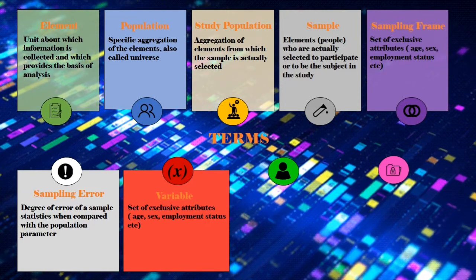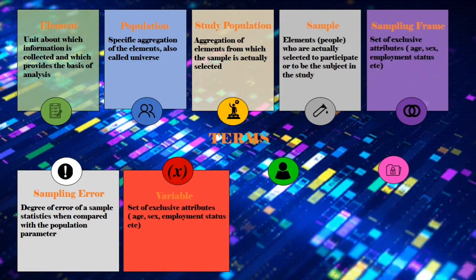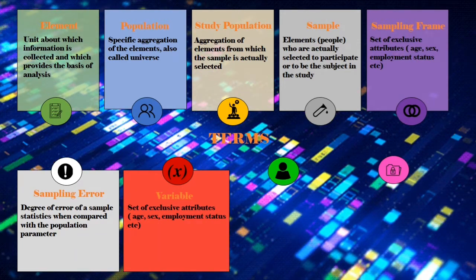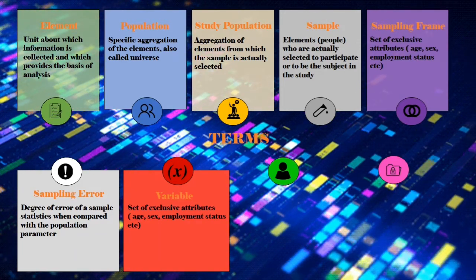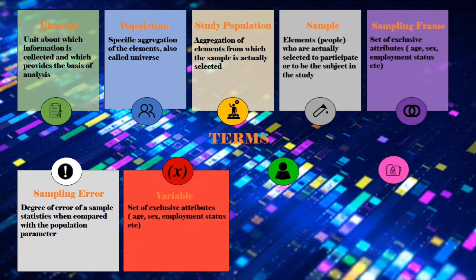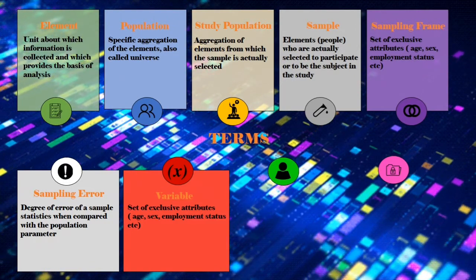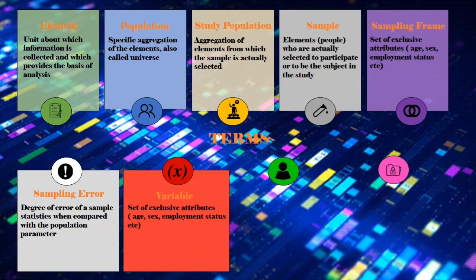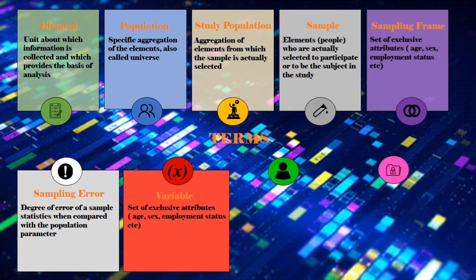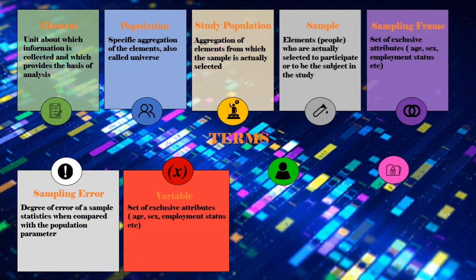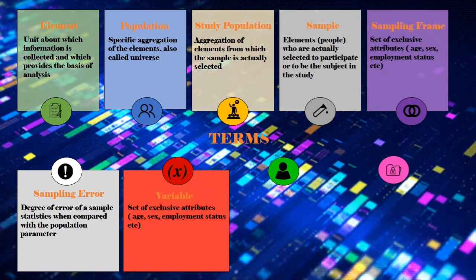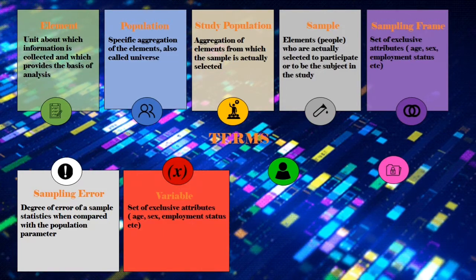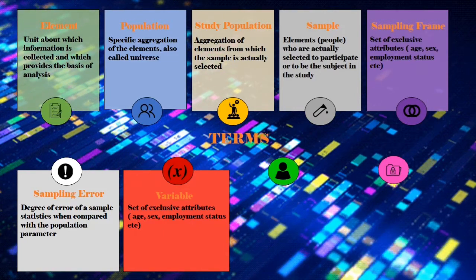Then another is variable. These are a set of exclusive attributes such as age, sex, employment status, and the like. Or these are any type of data, whether quantitative or qualitative, as part of an experiment, such as your independent variable and your dependent variable.